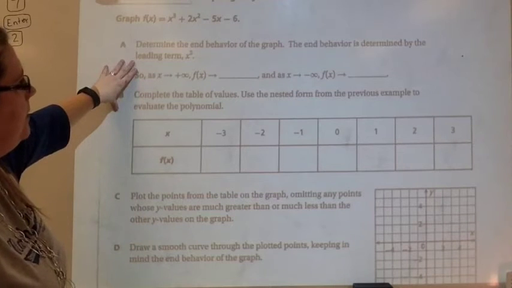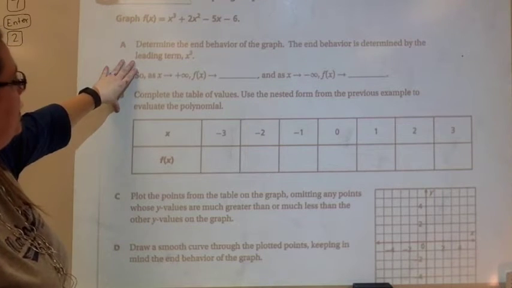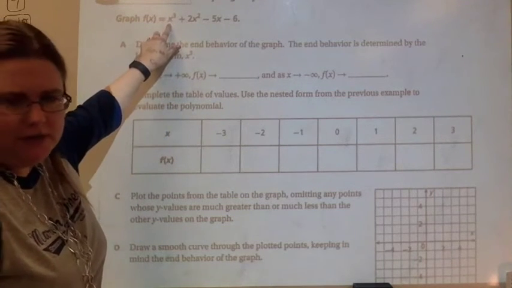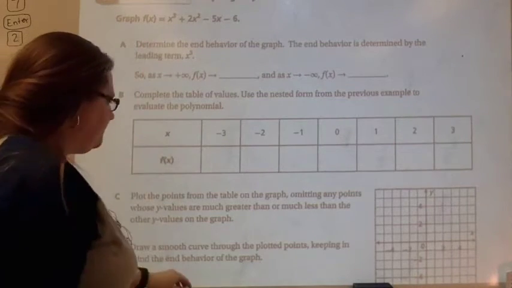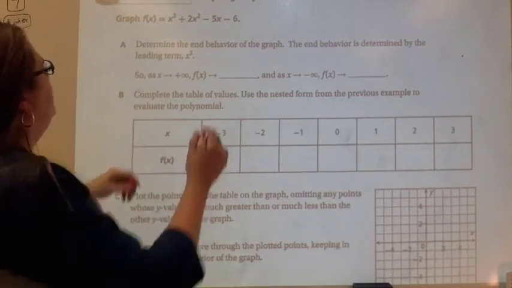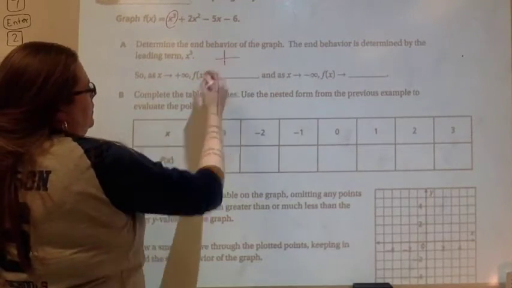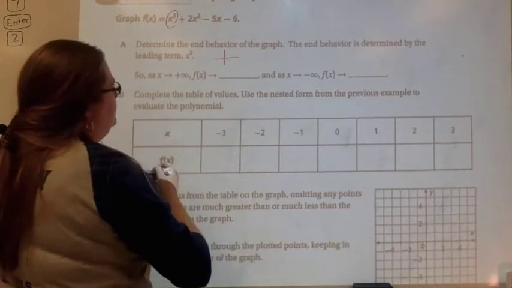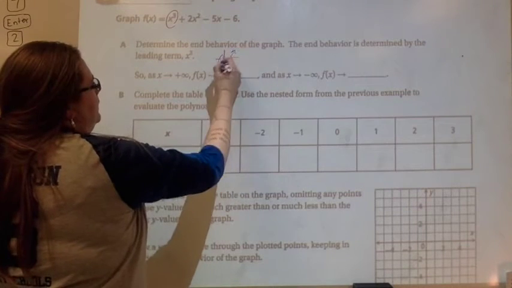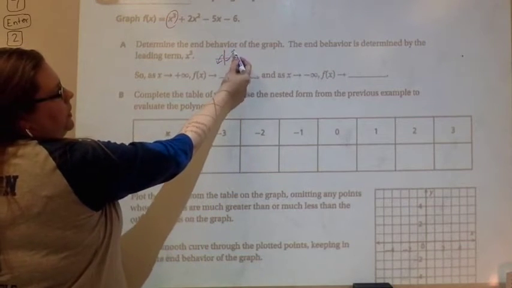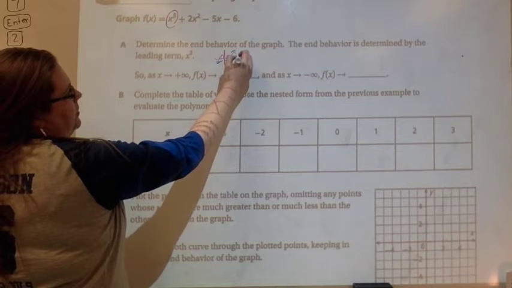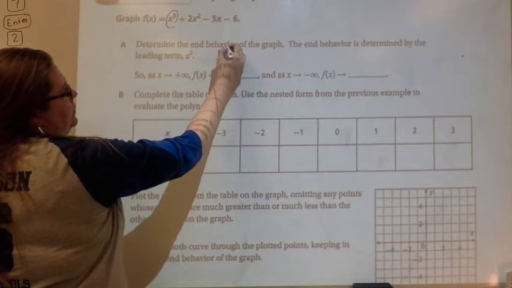This is to determine the end behavior of the graph. The end behavior is determined by the leading term, just like we talked about a second ago. Remember, with your x cubed, it's going to look like this. So in quadrant 1, as x goes to positive infinity, so does y.